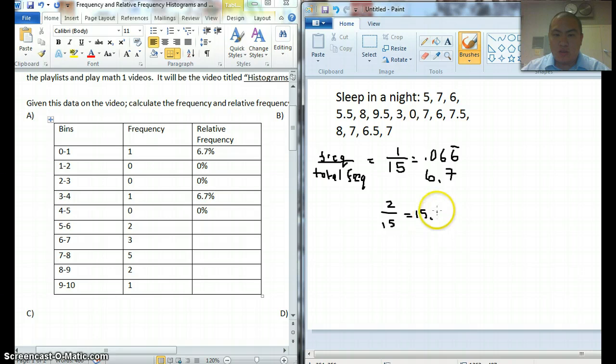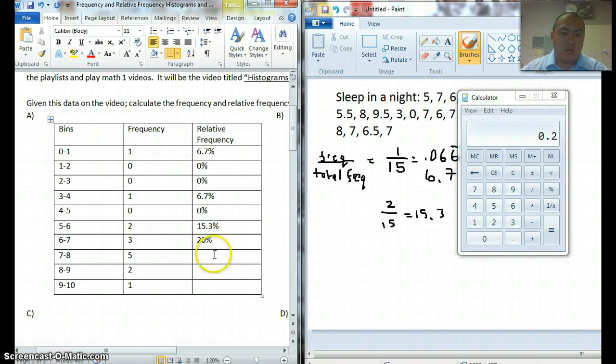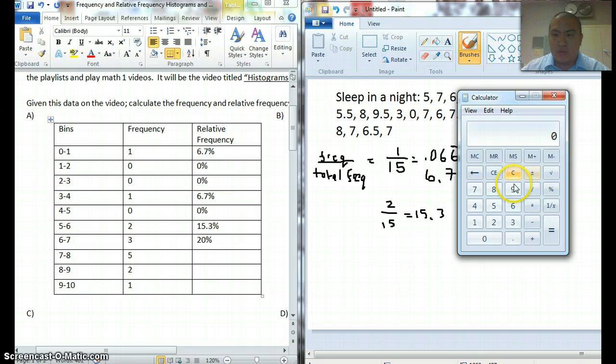Then I keep going with this. Now I'm going to try 3 divided by 15, and that gives me 20%. For 5 divided by 15.